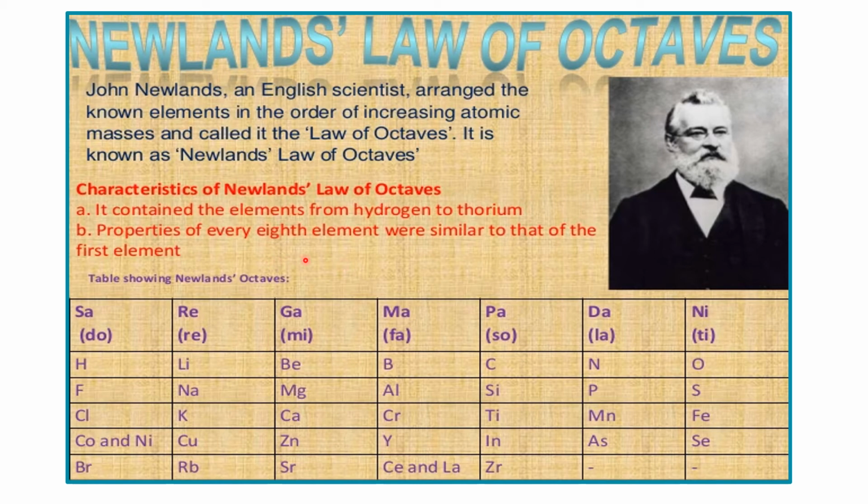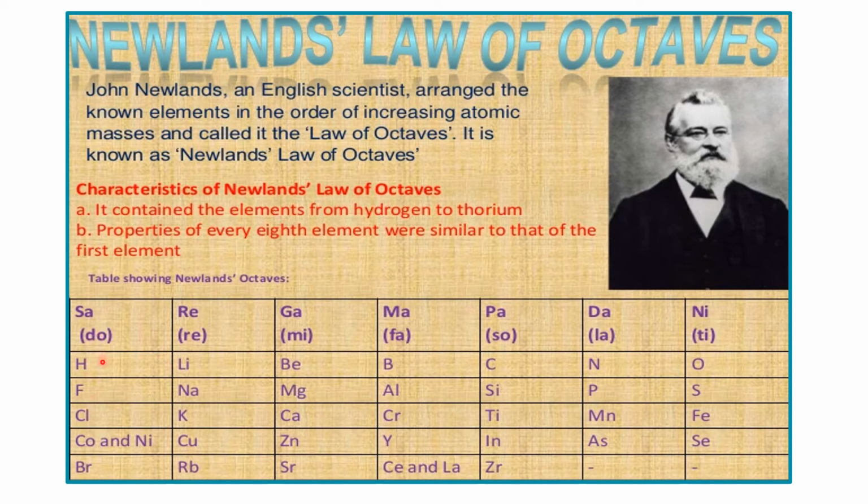The properties of every 8th element were similar to that of the first element. For example, here hydrogen, lithium, beryllium, boron, carbon, nitrogen, oxygen, and then after oxygen, fluorine with atomic number 9 comes. Since it repeats the properties of hydrogen, that is the note of sa, he brought the 8th element under the first one.